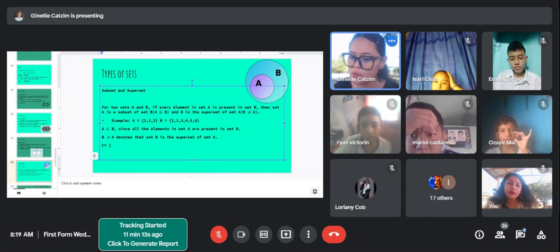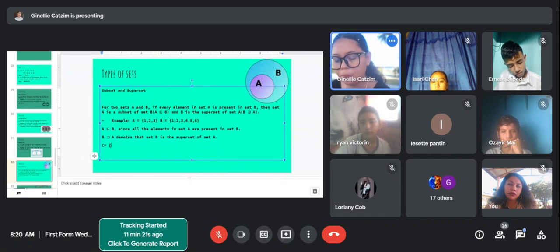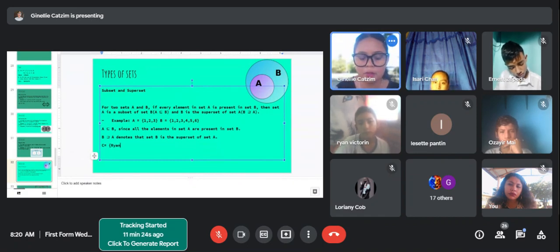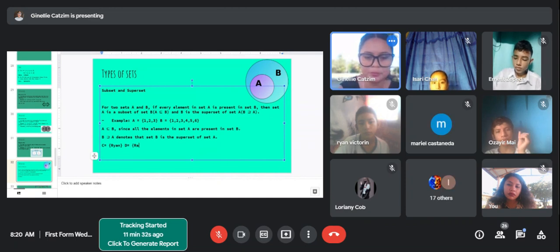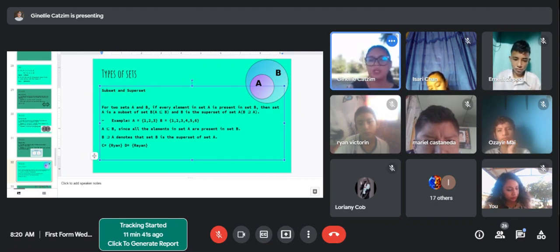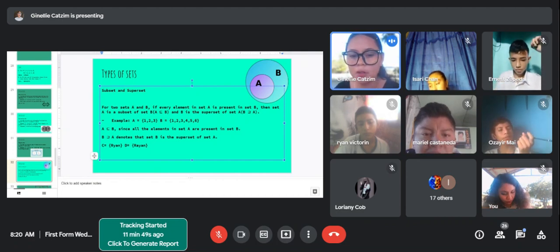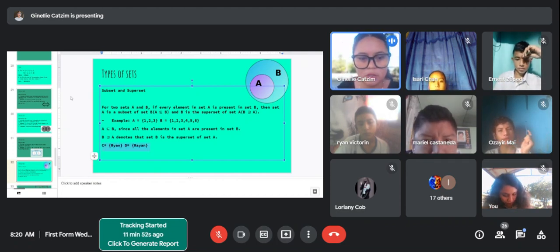I will use, whose name? Let me see. Ryan. Ryan, and then we have B equals to another Ryan, right? In this example, we can see that all the elements in set B, I mean in set C, form part. I will make this even bigger just so you could see.